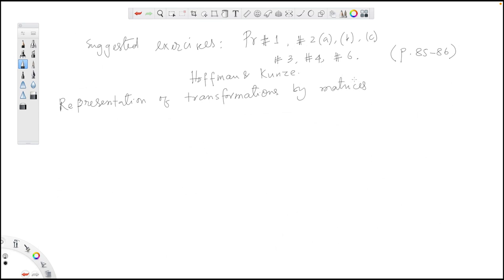Okay, so in the beginning of this lecture I gave you a hint of what is meant by representation of linear transformation from a finite dimensional vector space to another finite dimensional vector space, both defined over the same ground field F. Okay, so let me describe that thing in detail now.